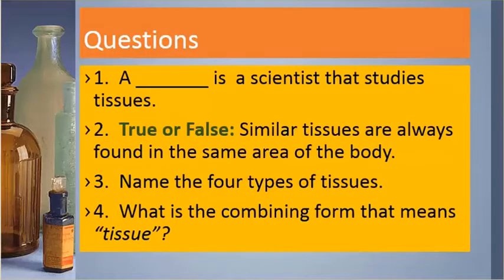Number 1, a blank is a scientist that studies tissues. Number 2, true or false, similar tissues are always found in the same area of the body.